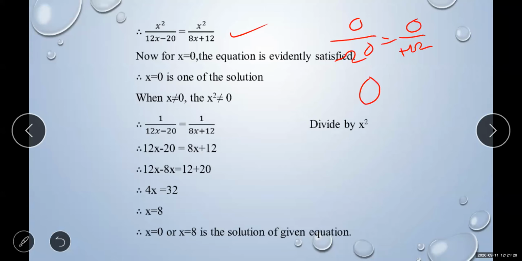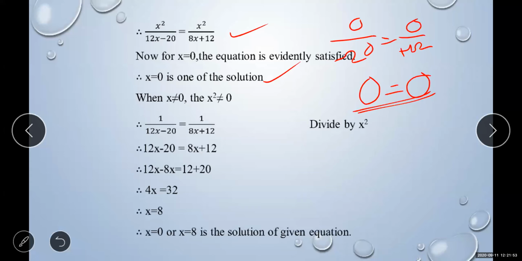Means whenever we put x equal to 0, we get one of the solutions. So x equal to 0 may be the solution, because both sides are 0. When we put x equal to 0, left and right side both are 0. That means x equal to 0 is one of the solutions.